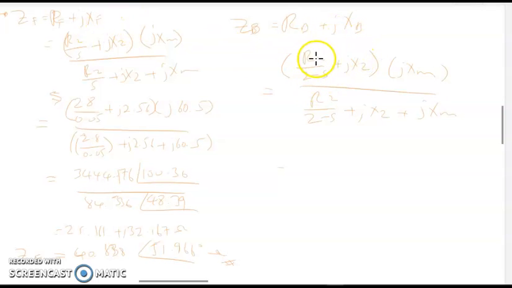But this Z backward is the value of R2 divided by 2 minus S. And so you parallel the circuit of R2 over 2 minus S plus JX2, times JXM, divided by all the elements added together. You put in the values: 2.8 divided by 2 minus 0.05, the slip value, plus JX2 of 2.56.